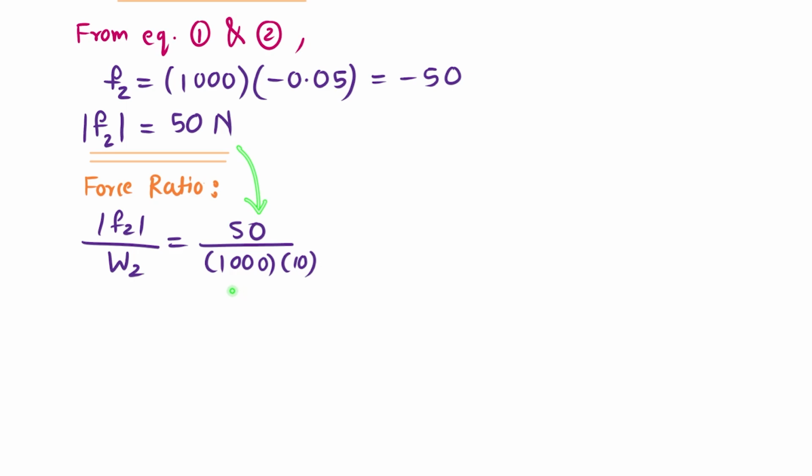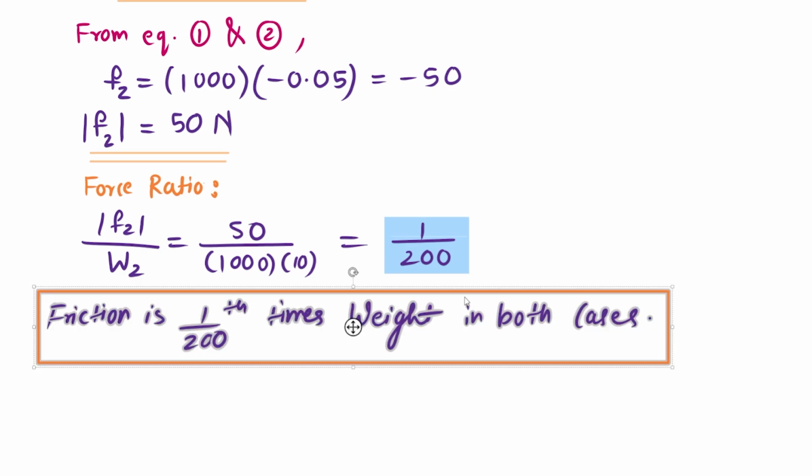Frictional force का value is 50, weight of the car is mass of the car, that's m2 into g. And if I were to calculate the ratio, voila, what do you know, it's same. So दोनों ही केस में हमारा जो रेशियो है that is between friction and weight of particular vehicle is same. So I can make this statement pretty comfortably कि friction is 1 by 200 times of weight in both the cases.